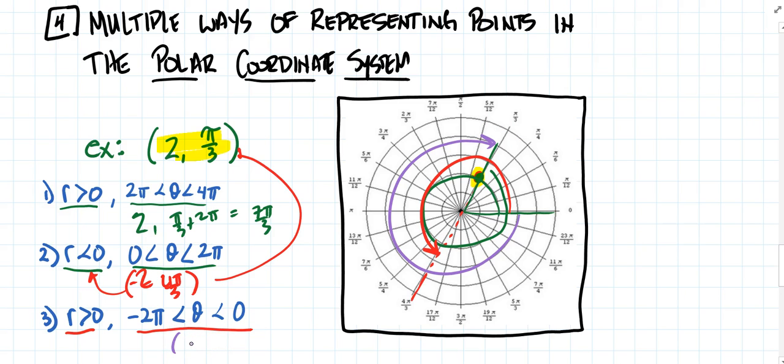So I could do 2 comma negative 5 pi over 3, and that meets the constraint that my angle is between negative 2 pi and 0, and my r value is still greater than 0. So there are a whole lot of ways that we can represent a single point in the polar coordinate system.